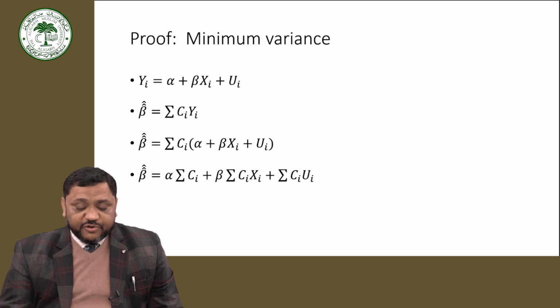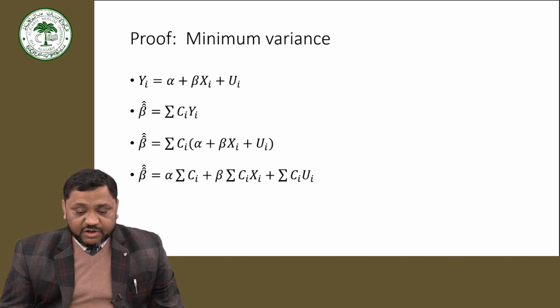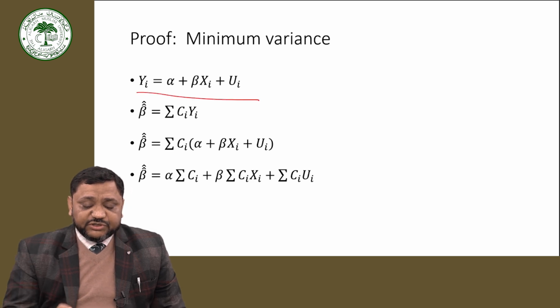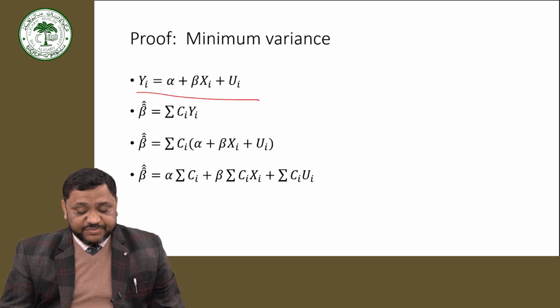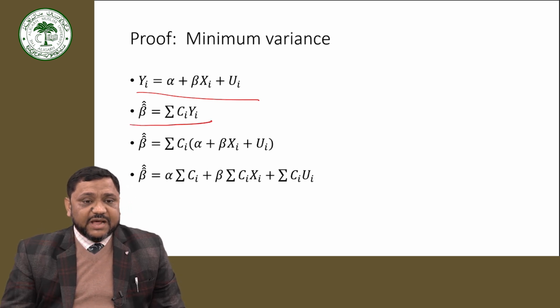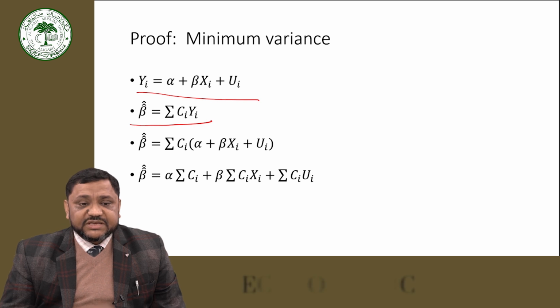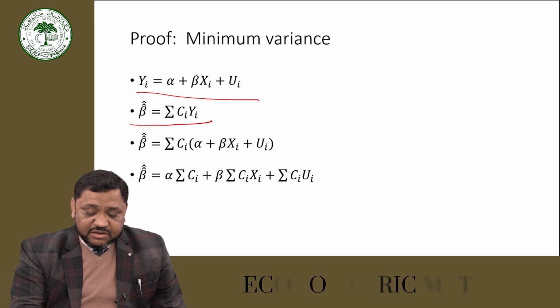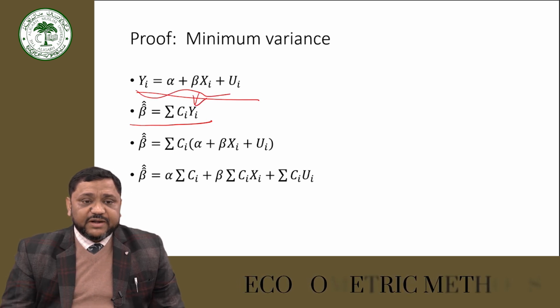So now we go for proving the minimum variance for our new estimator. We have this regression equation, yi is equal to alpha plus beta xi plus ui. Using the same logic as earlier, beta double hat is equal to summation ci yi, so we incorporate this term.